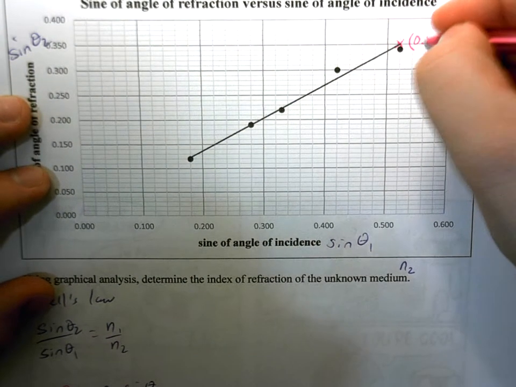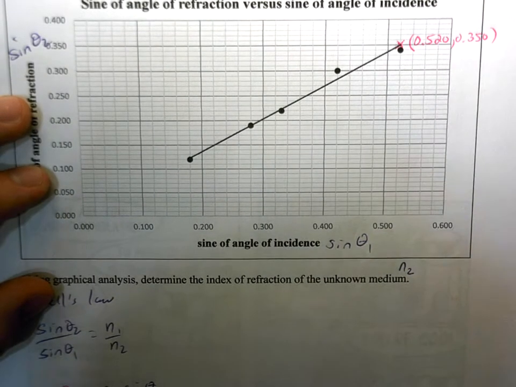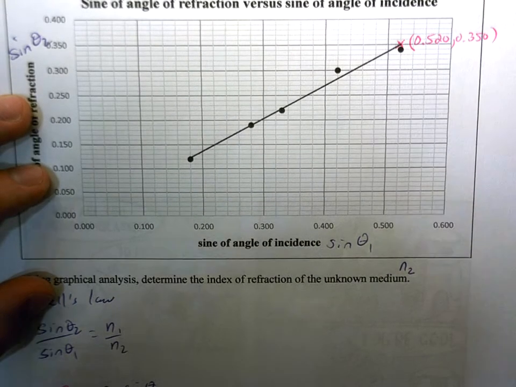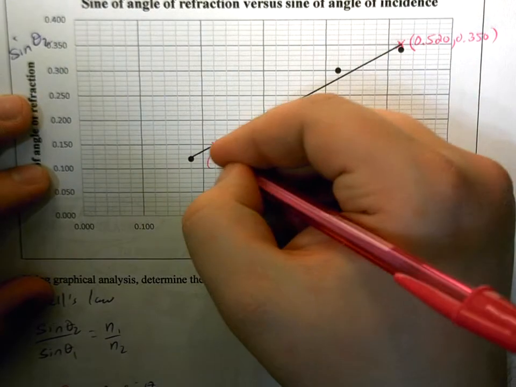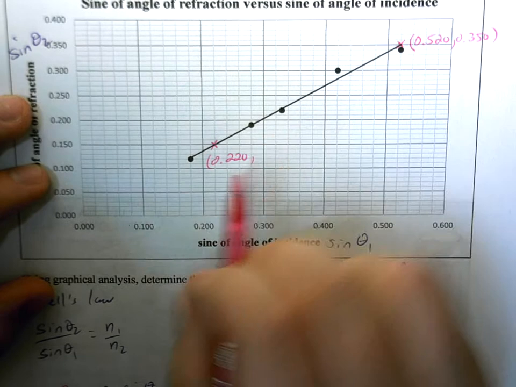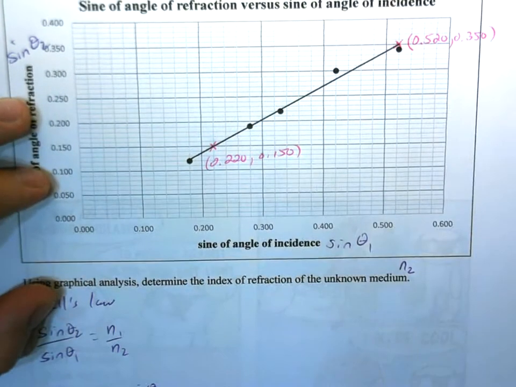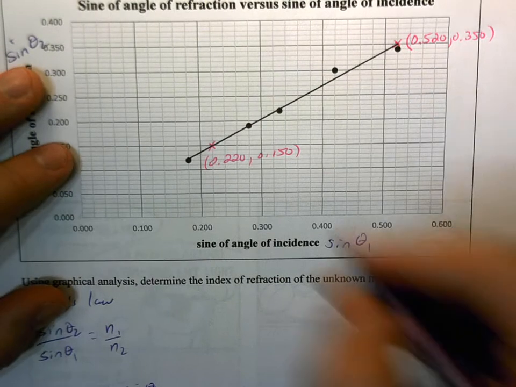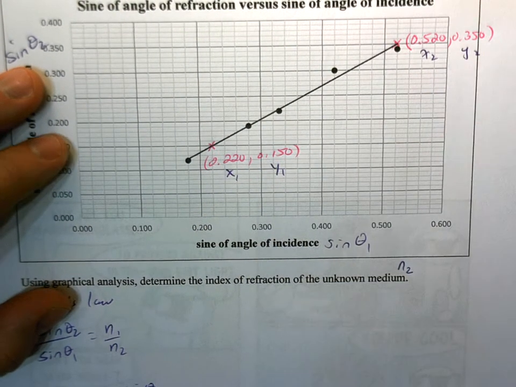I'm going to say that's the point 0.520 and 0.350. I need to find one more point that I can easily identify. We try to pick them far apart from each other. This point looks pretty easy, 0.220 and 0.150. So these are my 2 points for the slope. I have my x1 and y1, and my x2 and y2.